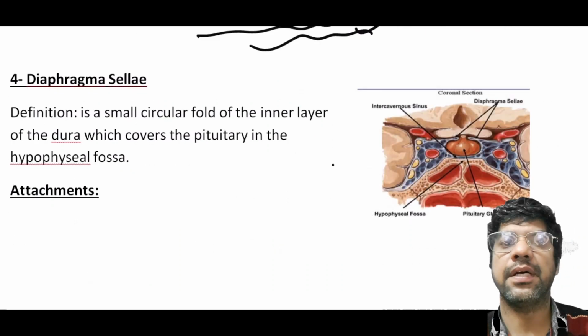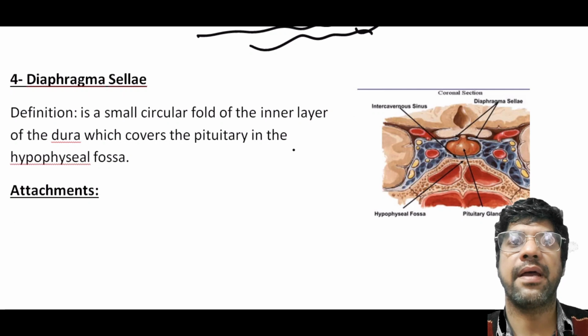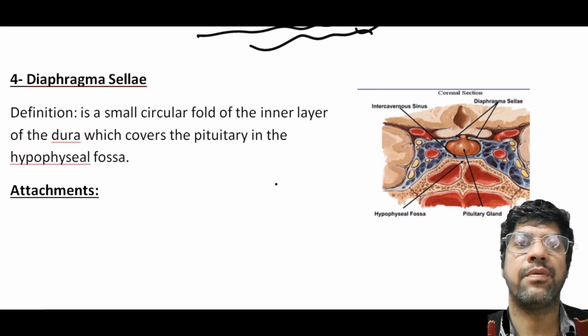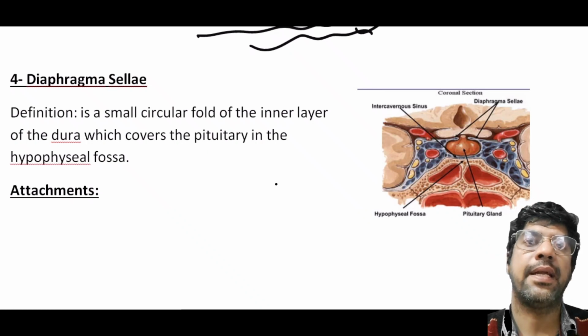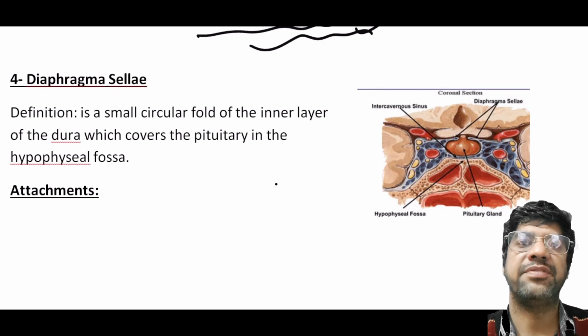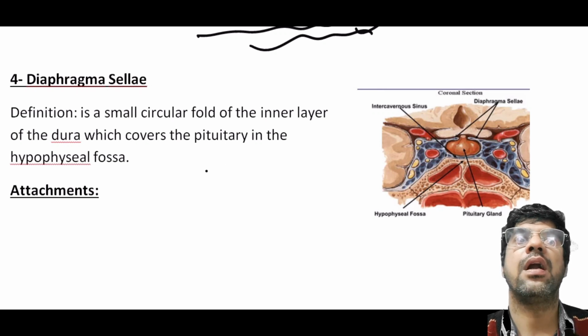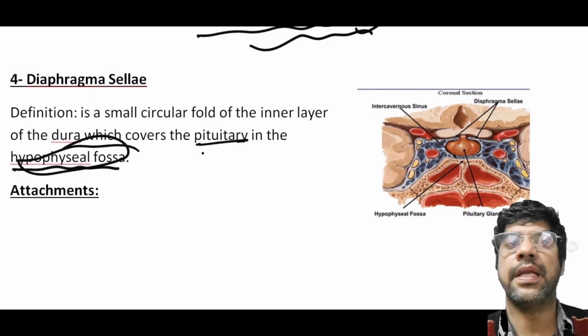The next is the diaphragma sellae. Remember, the diaphragma sellae is a small circular horizontal fold made up of dura mater. It is a protective layer around the brain, and it acts as a roof for the area known as the hypophyseal fossa that covers the pituitary gland.